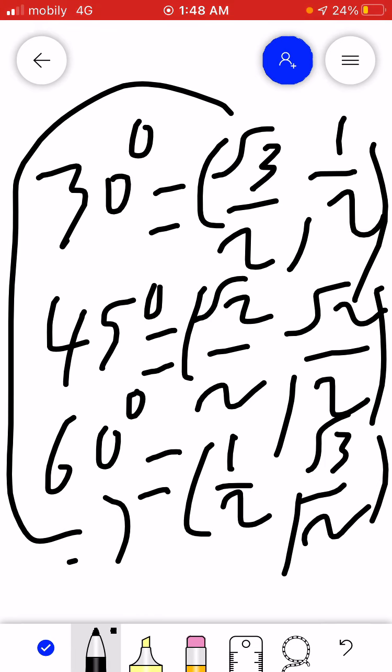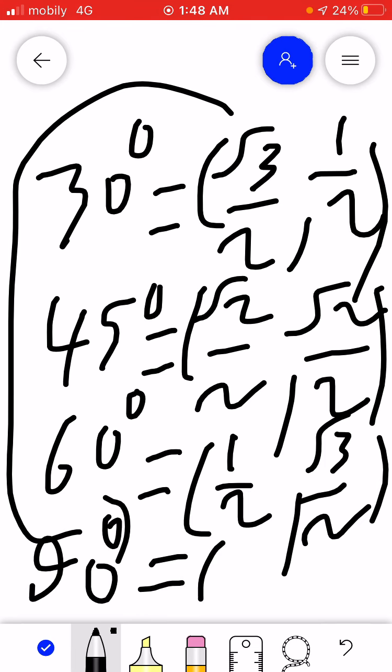And 90 degrees equals 0 for the cosine and 1 for the y.